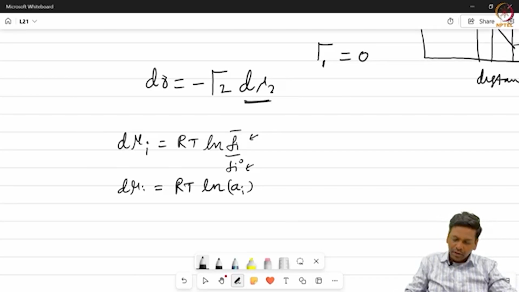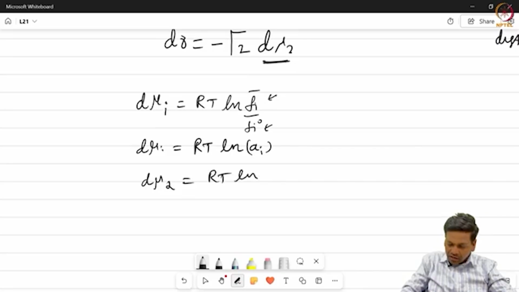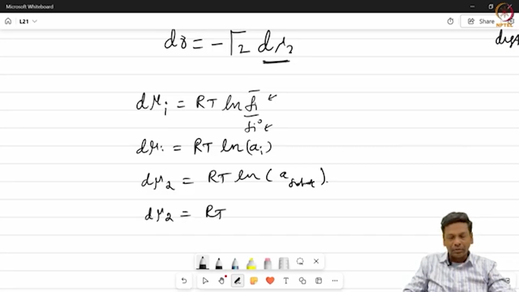Now we know for the solute molecule itself, if I have to deduce the change in chemical potential, I can simply write this as d mu 2, which is nothing but RT ln a solute, right? Okay. So we can also express the activity sometimes in concentration units as well. In that case you can simply represent this as C, the solute concentration.